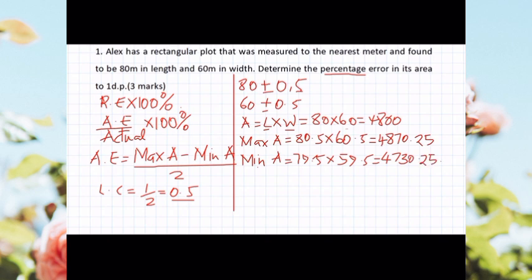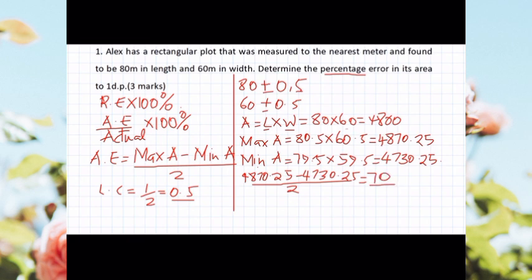So in order to get the absolute error, we take the maximum area, 4,870.25, and from this we subtract 4,730.25, and all that we divide by 2, so that in this scenario we obtain our absolute error in the area, which is 70.